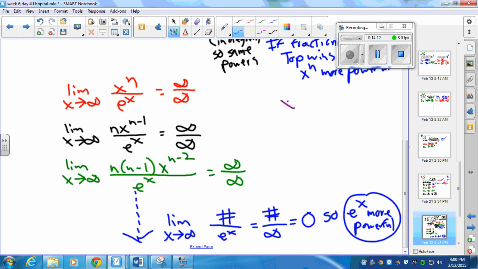I had x to the 5th. It'd go to 5x to the 4th, 20x cubed, 60x squared, 120x, 120. Do you agree that I can tear down a toy train all the way down to a number where e to the x just stays e to the x? So I tear down the top, the bottom stays the same. The bottom is bigger, more powerful. That's why it drags that fraction to 0.